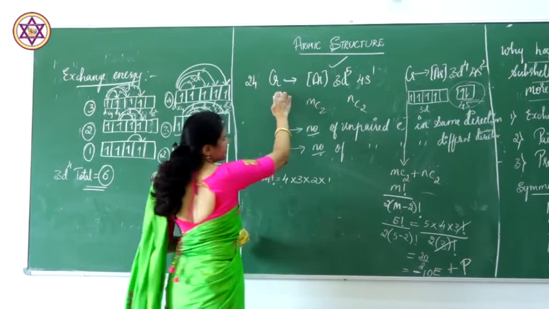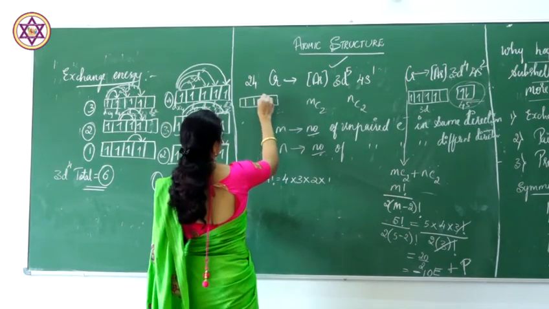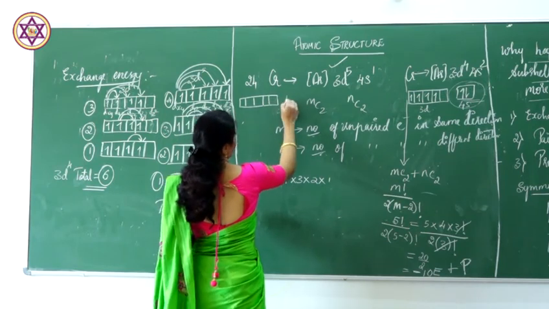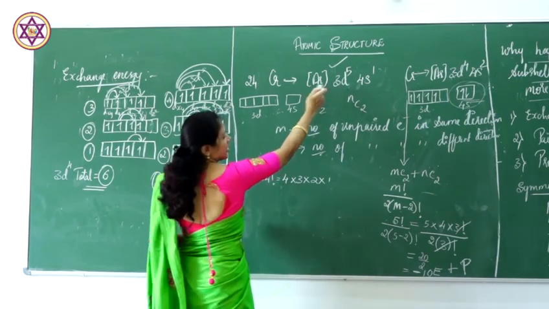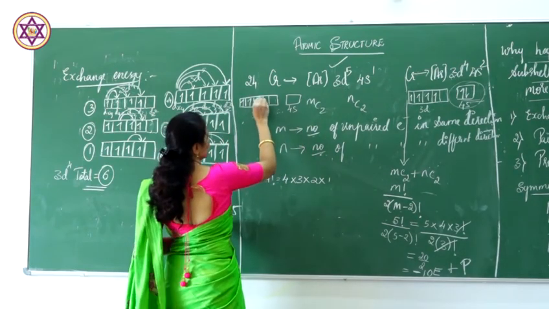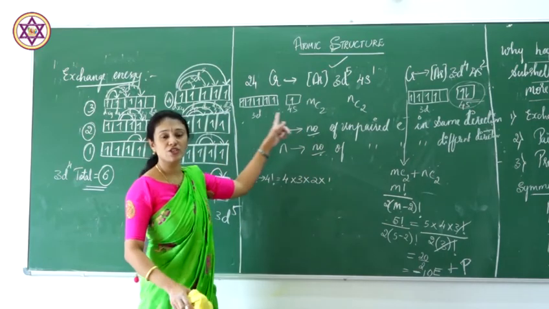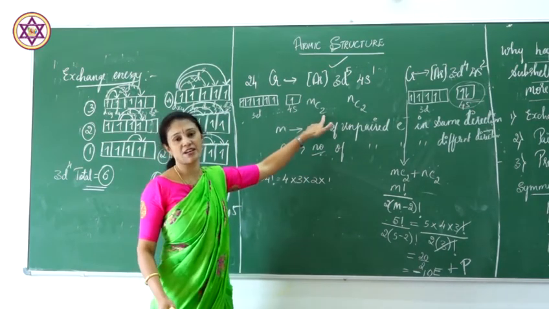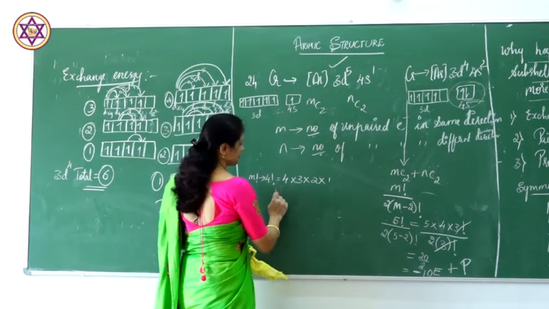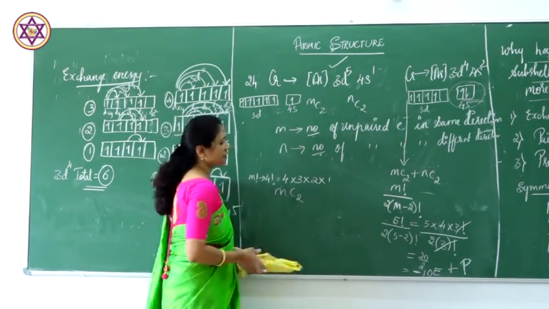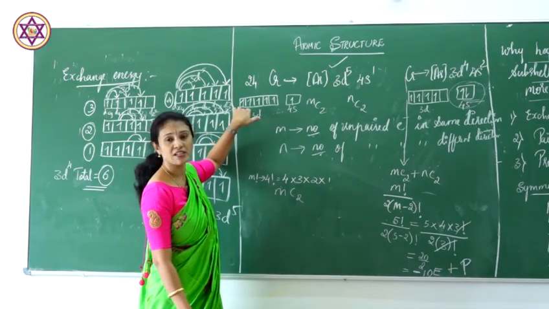Coming here, for the d subshell 1, 2, 3, 4, 5, then the s subshell, 4s and 3d. How many electrons are there in d? 5. In s, 1. All are in the same direction of spin. So how many possible? Mc2, the number of unpaired electrons in the same direction, is 6.